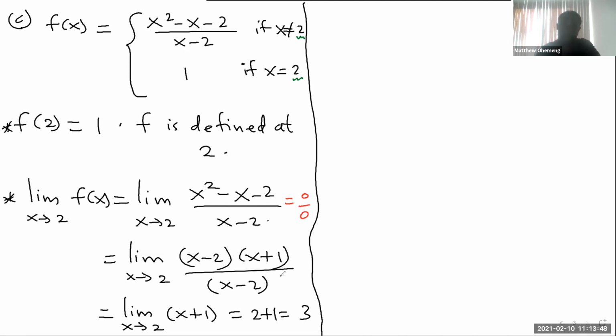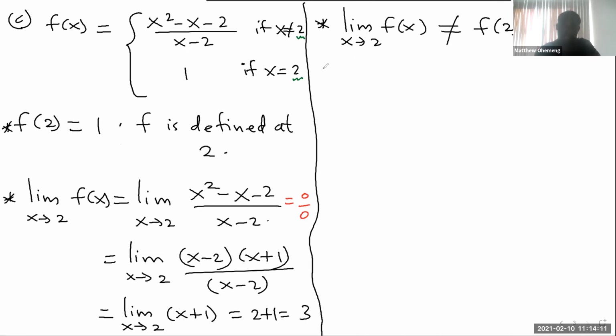Now, the last thing we have to check is whether the limit as you approach 2 of the function is equal to the function at 2. Well, you can see that f of 2 is 1, and the limit as you approach 2 of the function is 3. So the two are not the same. So this condition has been violated.